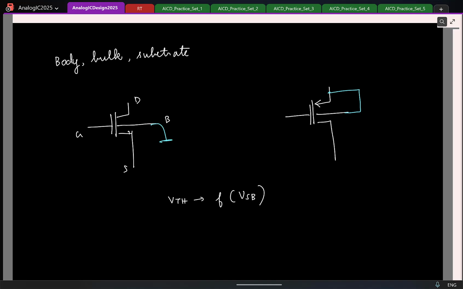Source of these two. You can't do it because, like I told, all the NMOS transistors have the same body. So if you short this, you are inherently saying that the source terminals of all the NMOS transistors in your circuit are also connected. For example, you might have one NMOS transistor like this, and another NMOS transistor connected to a current source like this.